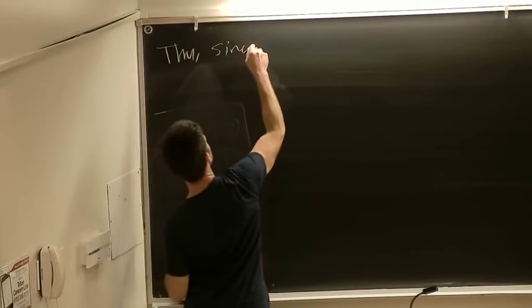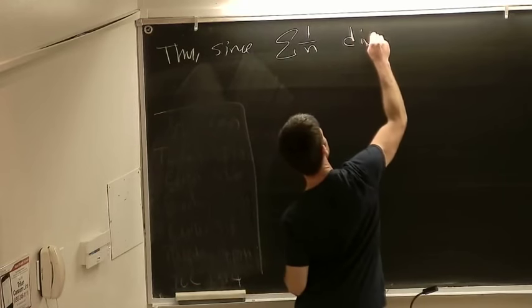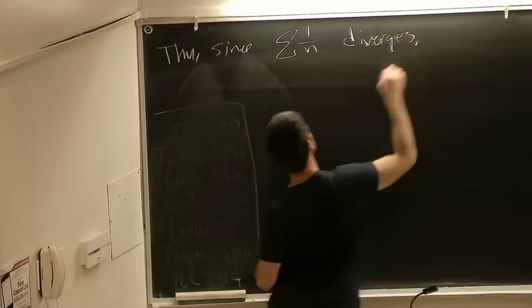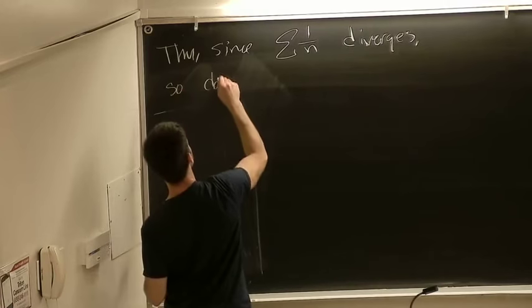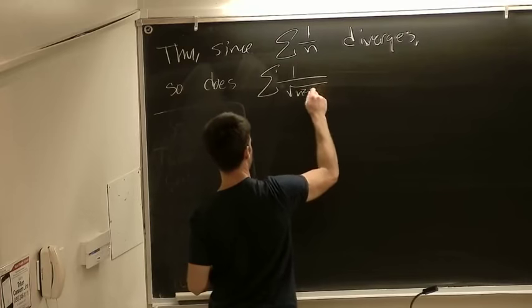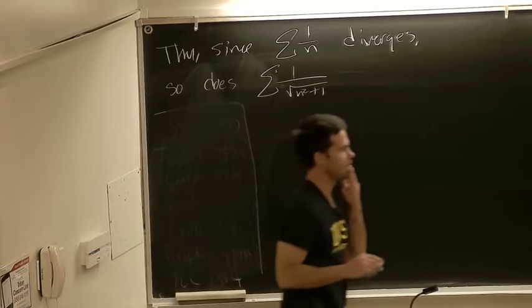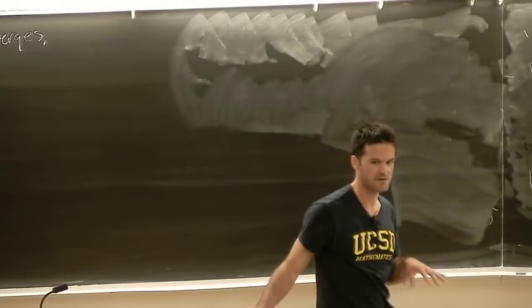Thus, since 1 over n diverges, so does 1 over root n squared plus 1. Now, the limit comparison test is probably the most powerful comparison test we've done.